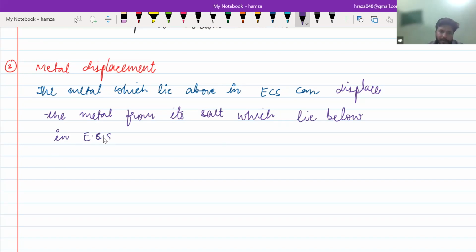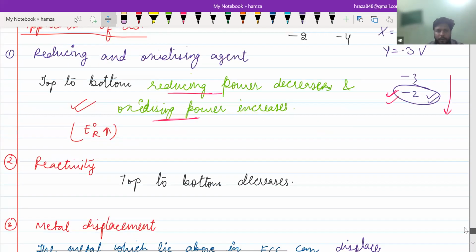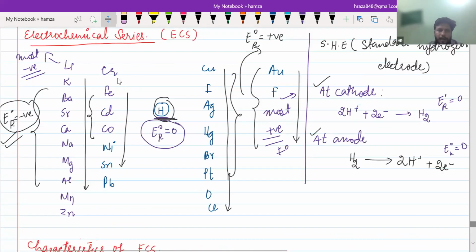That means it's very important to learn that iron can easily displace cadmium. The simple sentence: the metal which lies above in ECS can displace the metal from its salt which lies below in ECS.